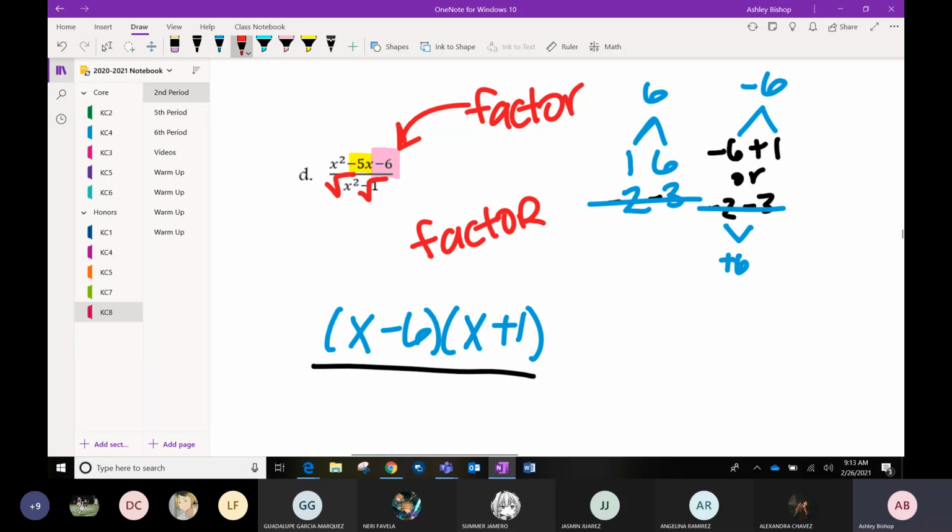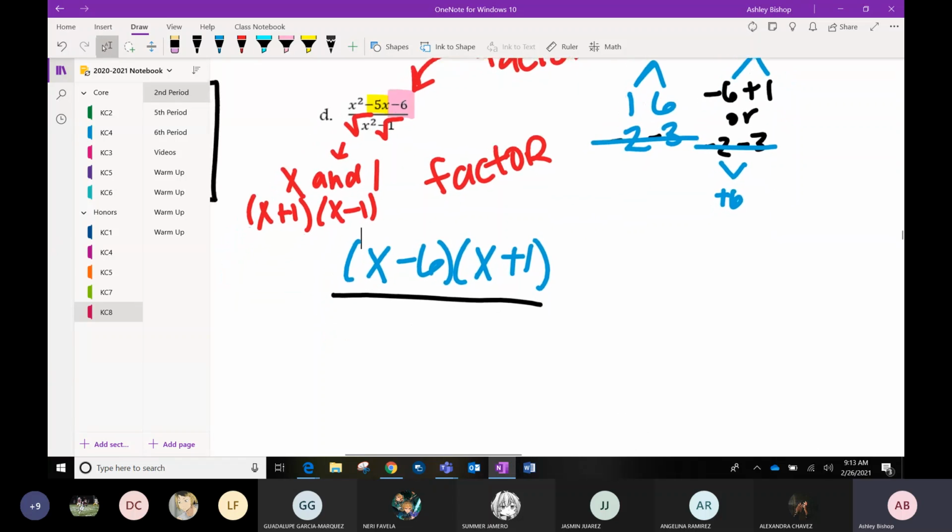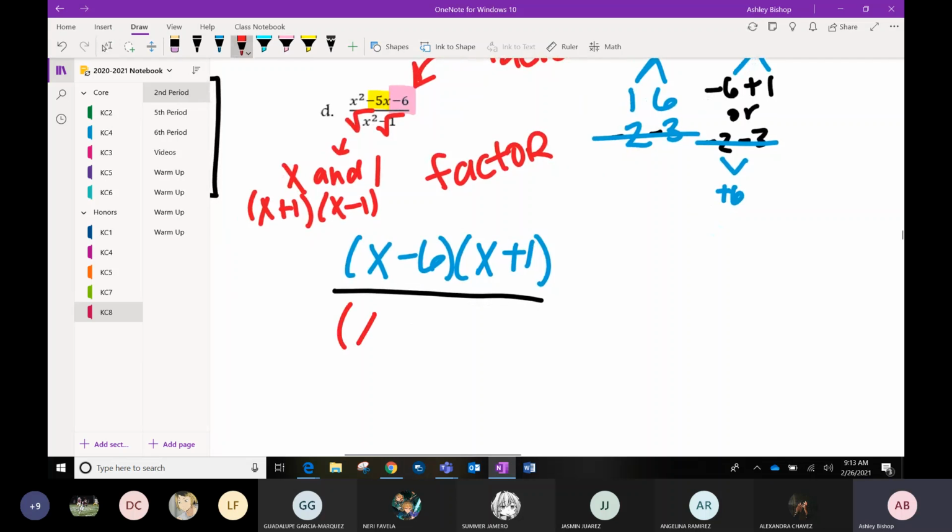You leave the subtraction sign out, and I have x and 1. So I take those two things and I add them together, and I take those two things and I subtract them from each other. So I have x plus 1 and x minus 1.